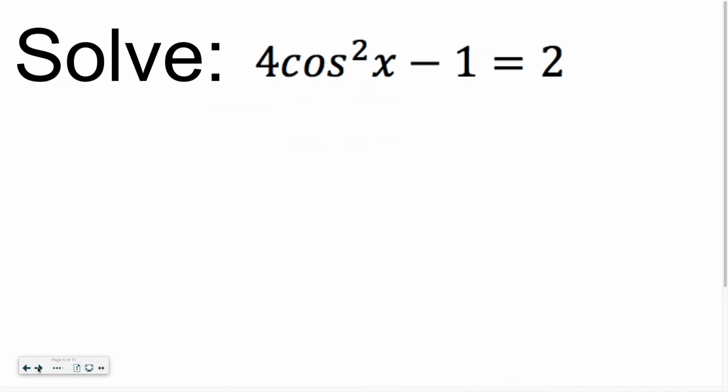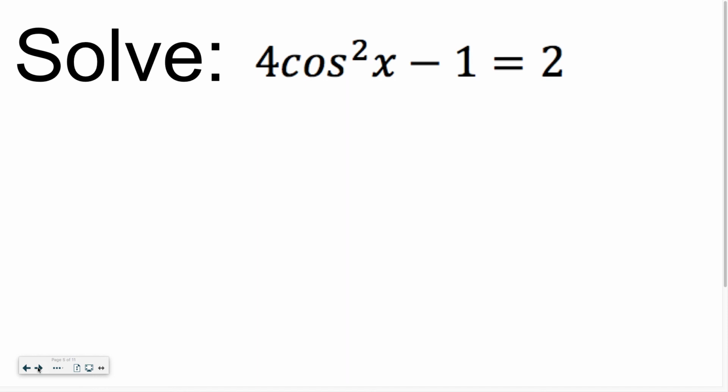Go and write this one down. This one's a little different in the fact that there's a square in there, but it's really not going to affect our process except for one thing.